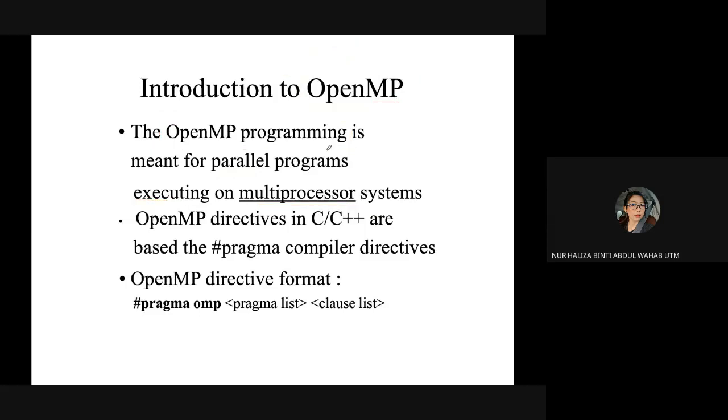Whenever you have several problems that ask you to create a program that can be executed, to be run in parallel, simultaneously, on a multiple processor system, you're going to execute it using multi-processor.